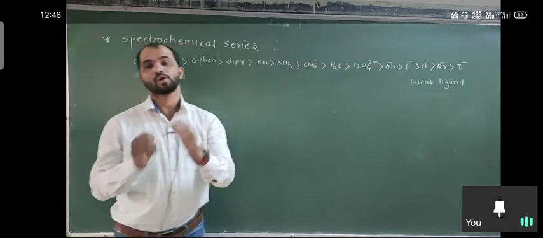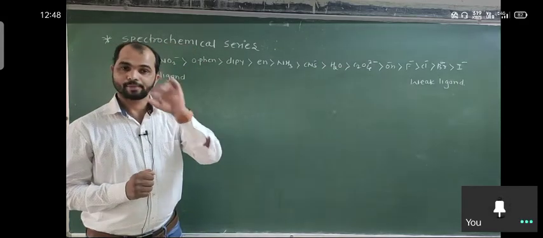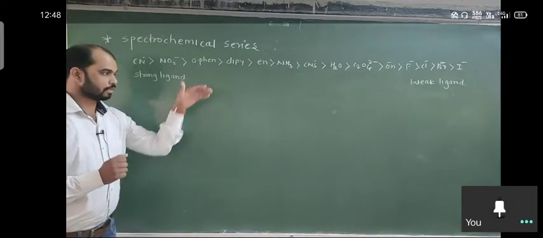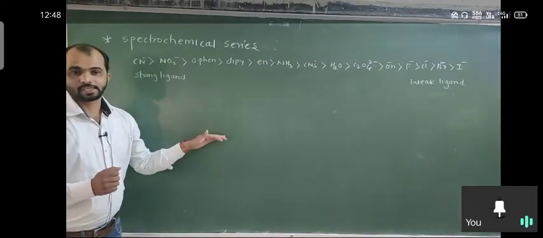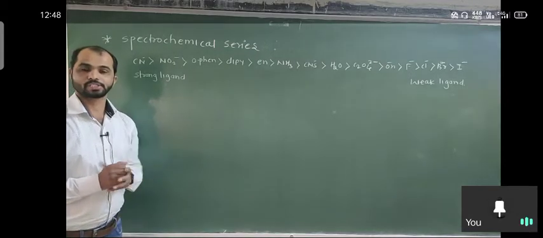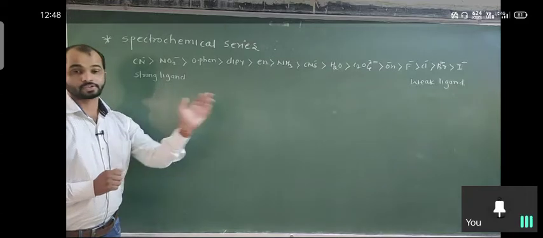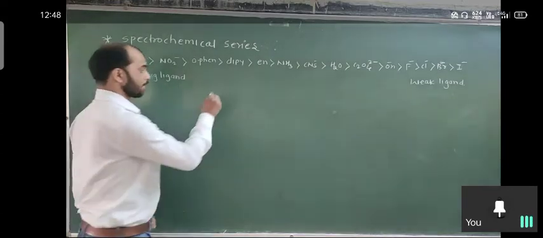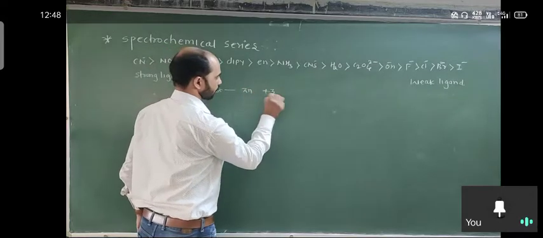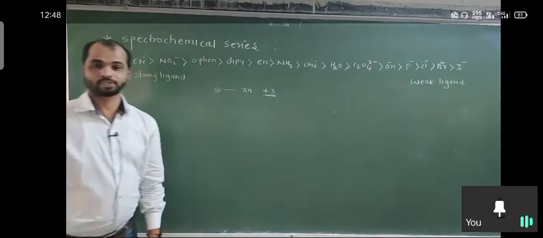You know there is a common oxidation state if you consider one of the metal transition series, first transition series, second transition series, third transition series. Every series has a common oxidation state, and in the first transition series from scandium to zinc, plus 3 is the common oxidation state.